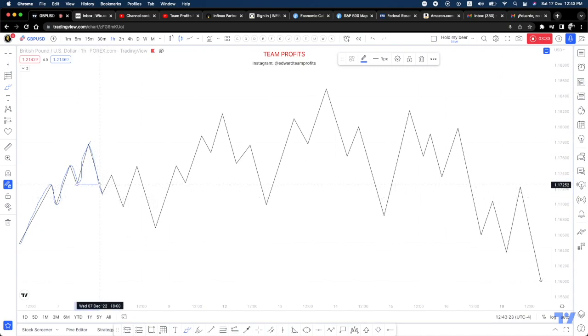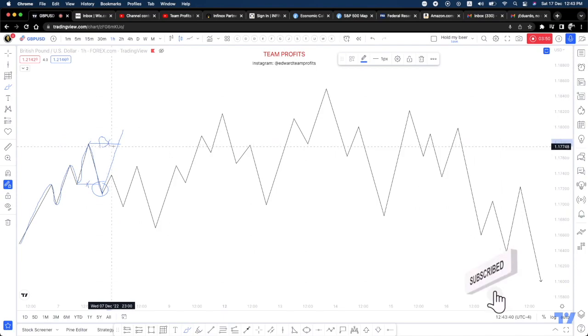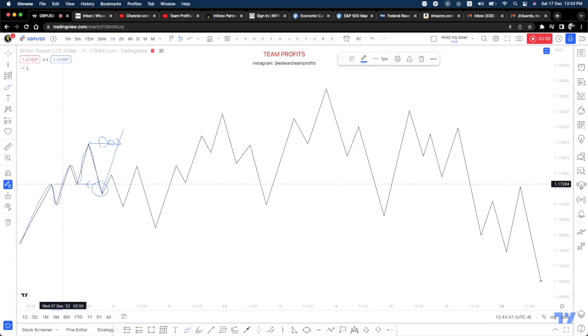The market is inducing sellers to start jumping in this area. So this right here, it's an inducement. With that being said, that means that if the price now breaks to the upside, this is a confirmed BOS right here. This is an actual BOS, a confirmed BOS.